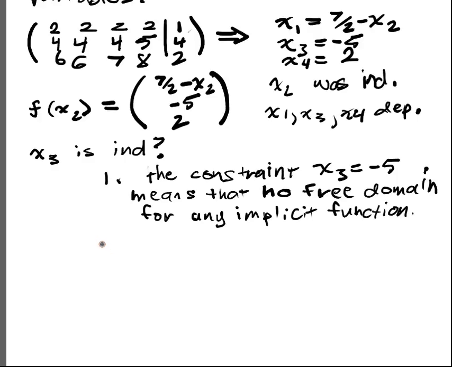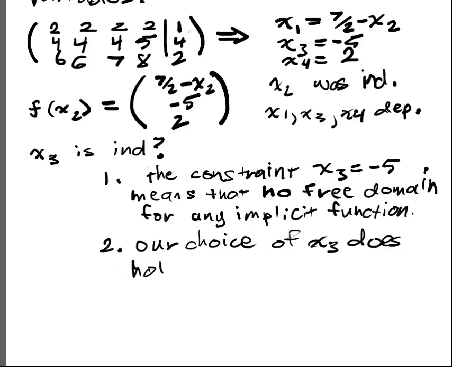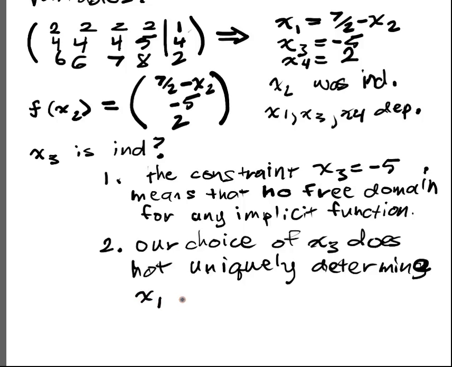The second thing that went wrong was our choice of x3 does not uniquely determine x1 or x2, right? x3 has no bearing on what x1 or x2 could possibly be.